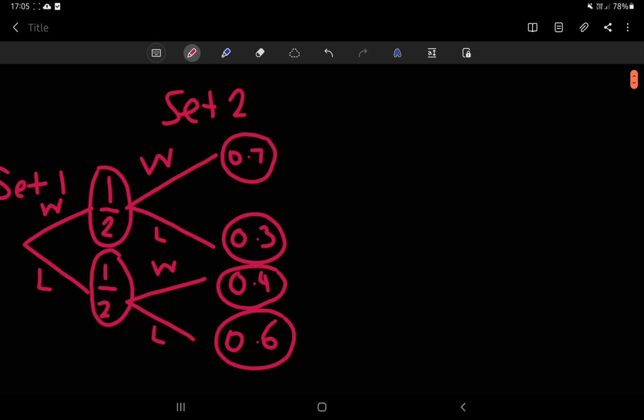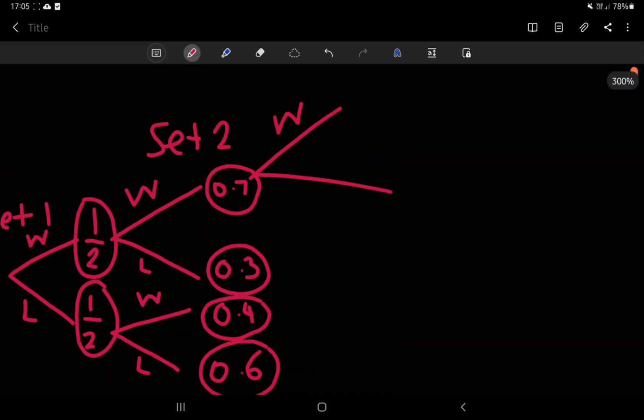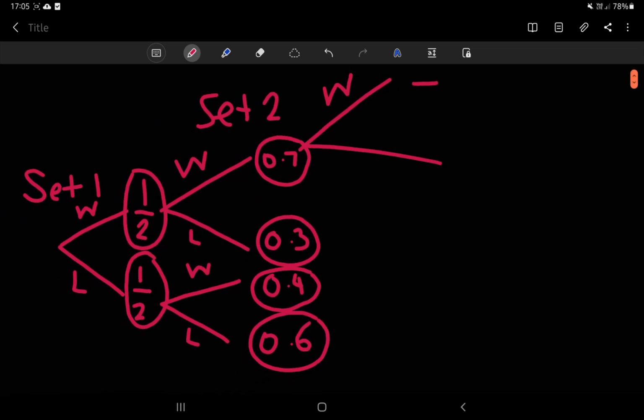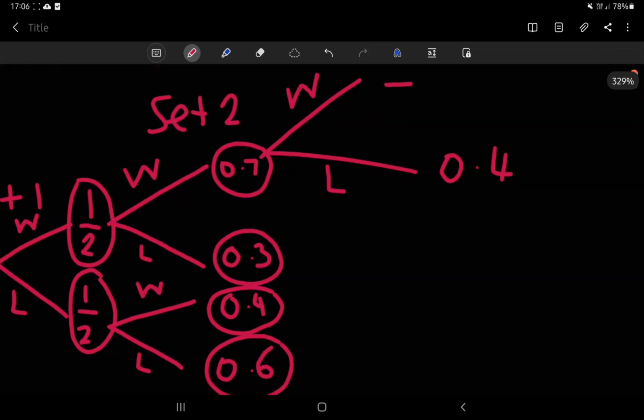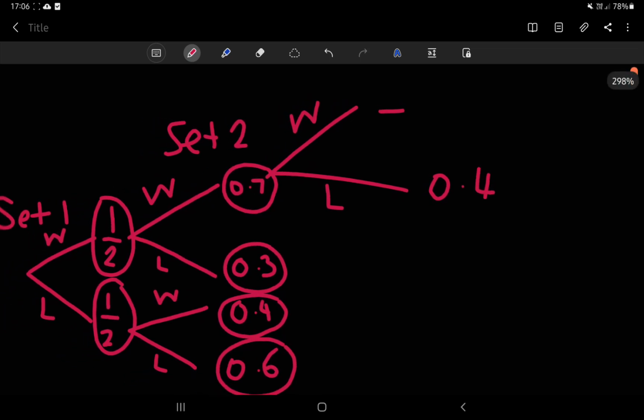Then let's consider set 3, because we have 3 sets. For the branch where she wins both sets, you don't have to consider this because she has already won, so it's nil or blank.